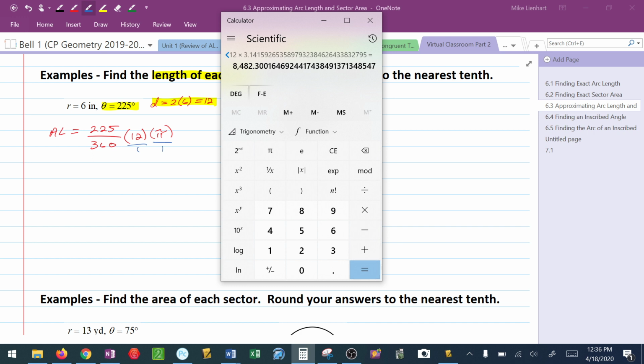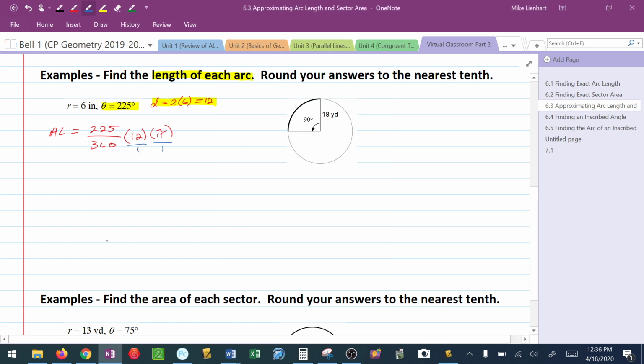I'm going to take that value and divide it by 360. I get that answer, and now I'm going to round. I would have an arc length of 23.6, rounded to the nearest tenth, and I need to label it inches. Remember, arc length is part of a circumference, so our units are just the unit.